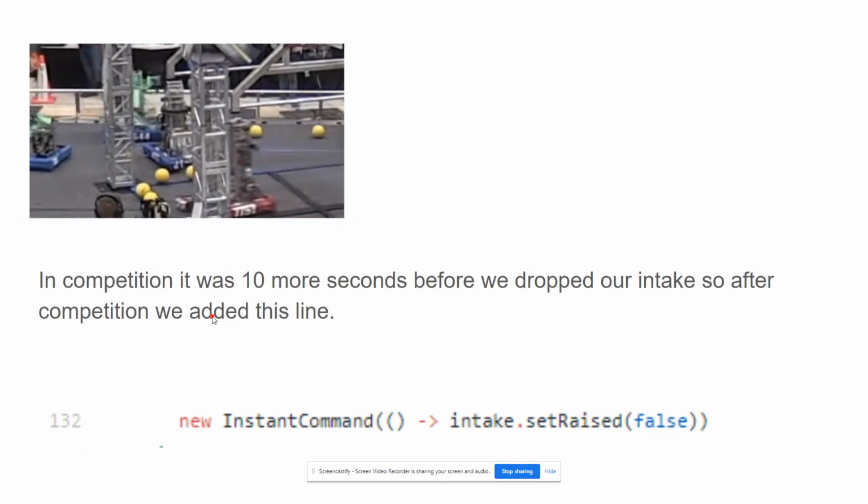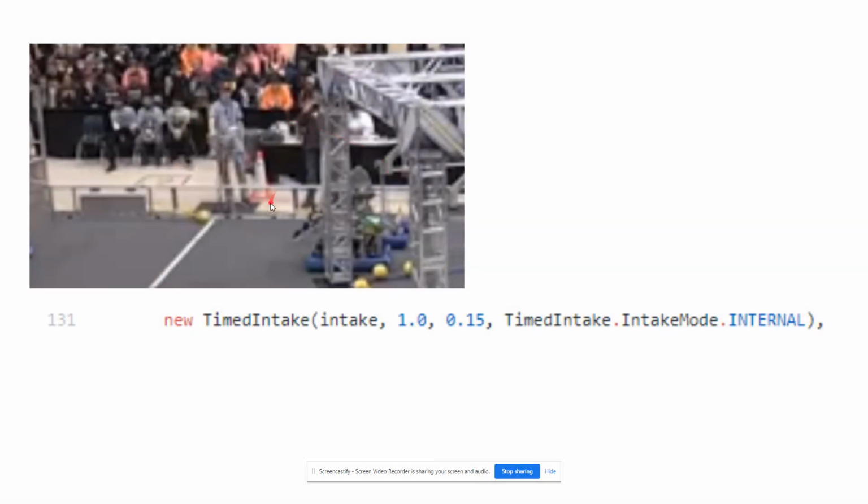So that was our autonomous. It worked really well. We got 3 power cells in every time. It was not perfect. We had plans to then move and pick up balls and shoot the balls, and the problem is we ran out of testing time.